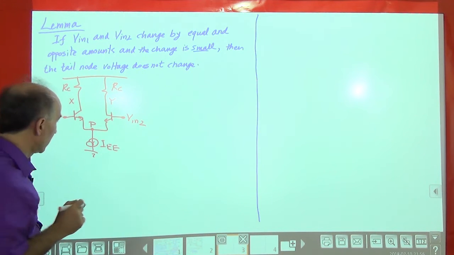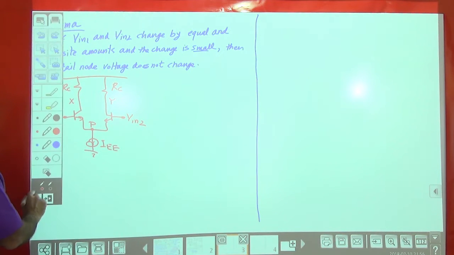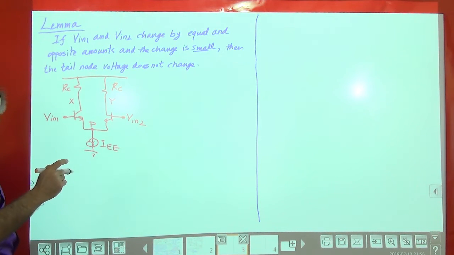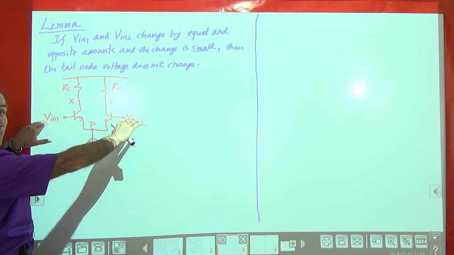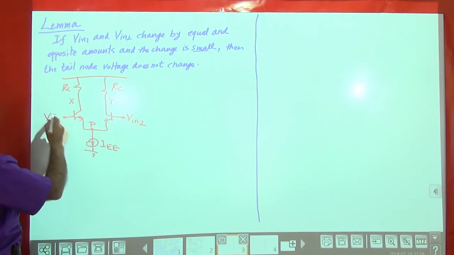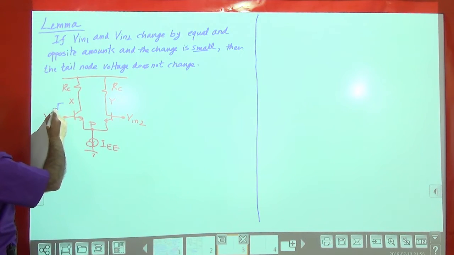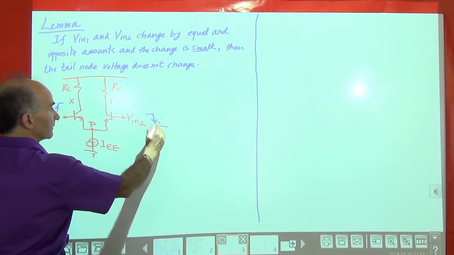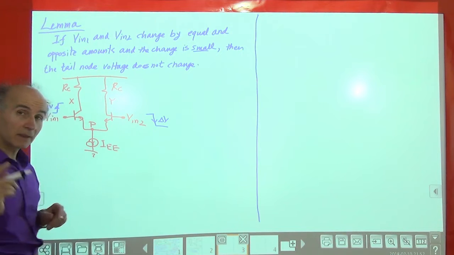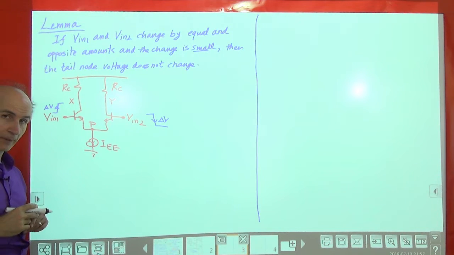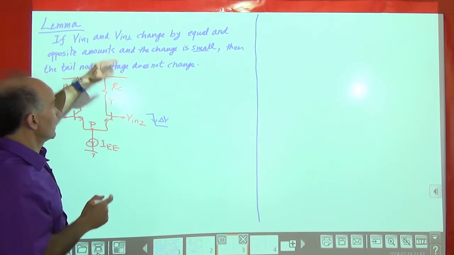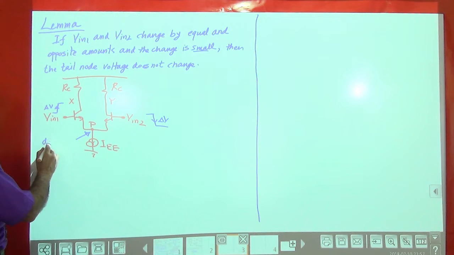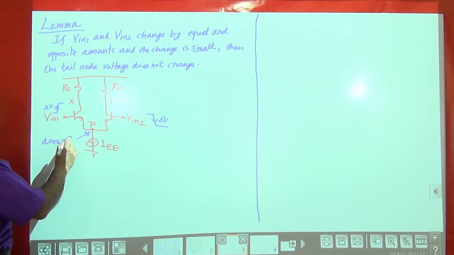If the inputs change by equal and opposite amounts, so they start at the same level, one goes up by delta V, one goes down by delta V, and delta V is small, then provided these conditions hold, this voltage does not change.